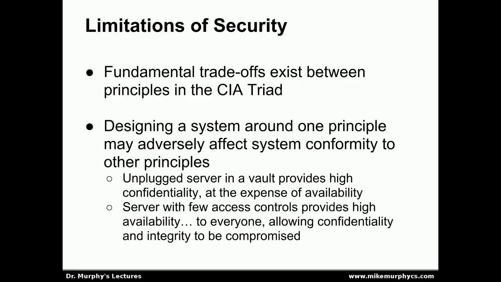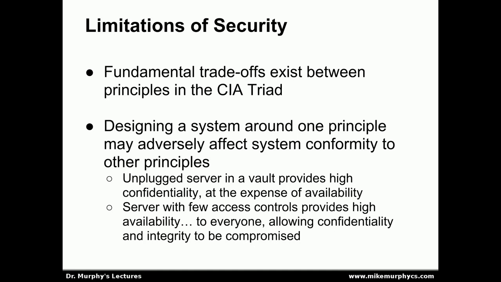It would be very difficult for someone to break in and steal information off that system. Unfortunately, however, it would also be impossible for authorized users to gain access to that system, and that system would have zero availability.